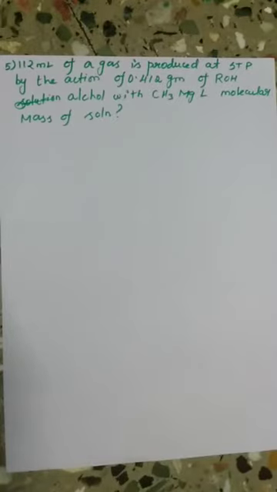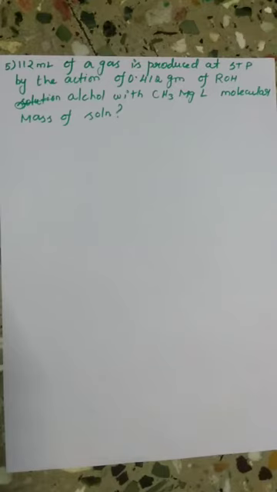Our fifth question is: 100 ml of a gas is produced at STP, which means standard temperature and pressure, by the action of 0.412 gram of an alcohol ROH with CH3MgI. What is the molar mass of the alcohol? This is the question.